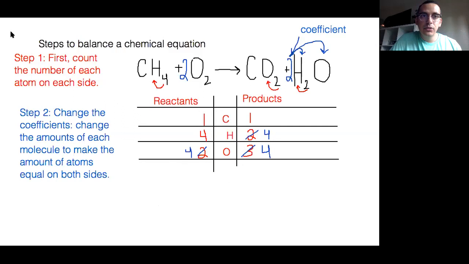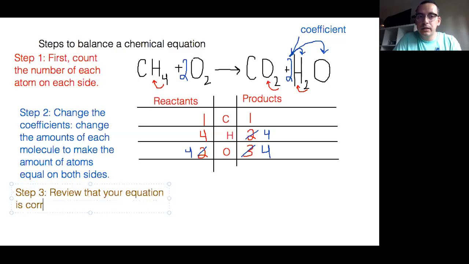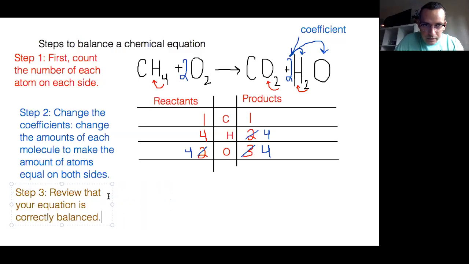And that brings us to then step number 3. Let's do step 3 in brown. Step number 3 is that you are going to review that your equation is correctly balanced, because you don't just want to submit whatever.